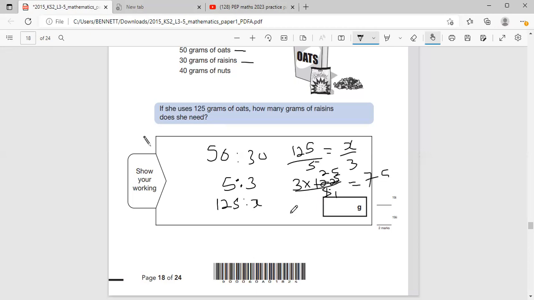When you simplify the ratio, it must be the same ratio, 5 to 3. We divide both by 25. The ratio is the most important thing, which is 5 to 3.